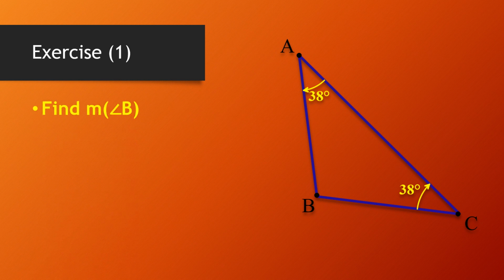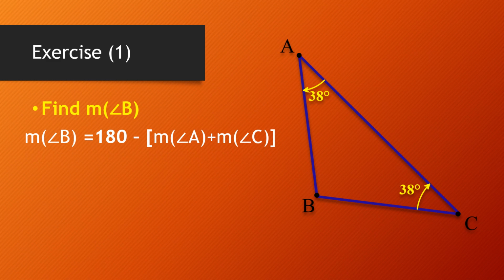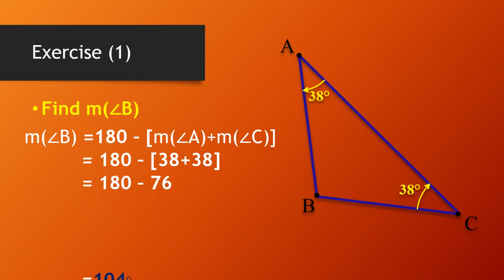Find measure angle B. Measure angle B is one of the interior angles of the triangle ABC. So how can I find the measure of angle B? It equals 180 degrees minus (measure angle A plus measure angle C), equal 180 minus (38 plus 38), equal 180 minus 76, equal 104 degrees.